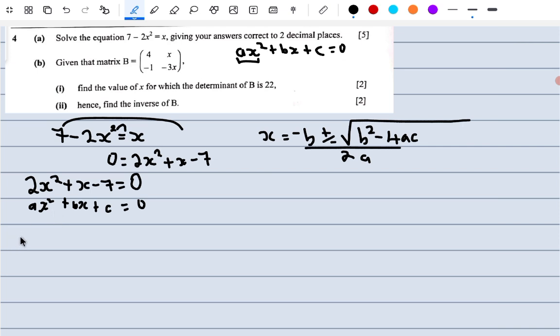So what is your a? Our a is 2. Our b, we said, is 1. Our c is negative 7.